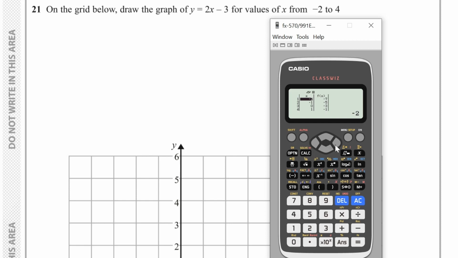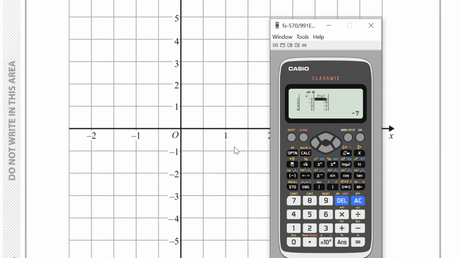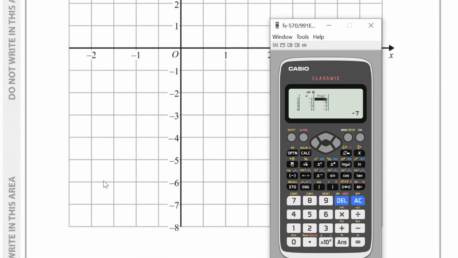So when x is minus 2, y is equal to minus 7. So let's add this to the diagram. When x is equal to minus 1, y is equal to minus 5. And then we continue this. So when x is 0, y is minus 3. When x is 1, y is minus 1.